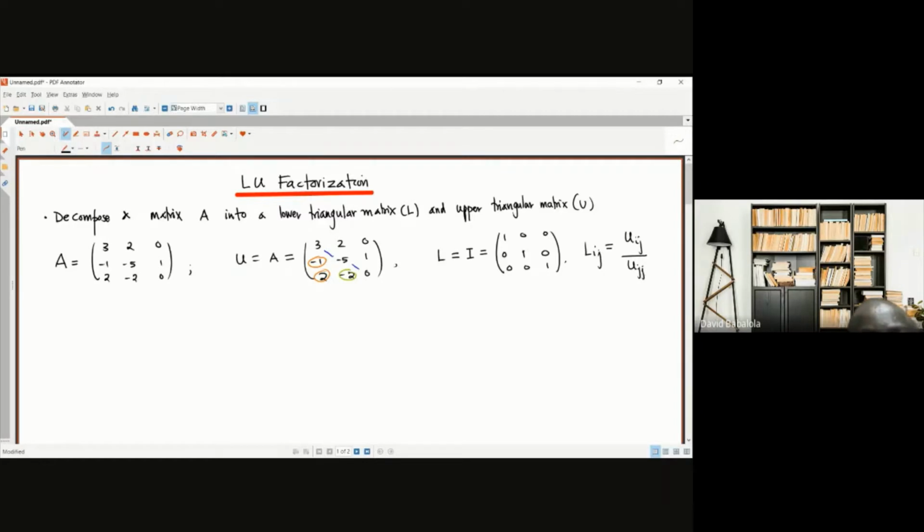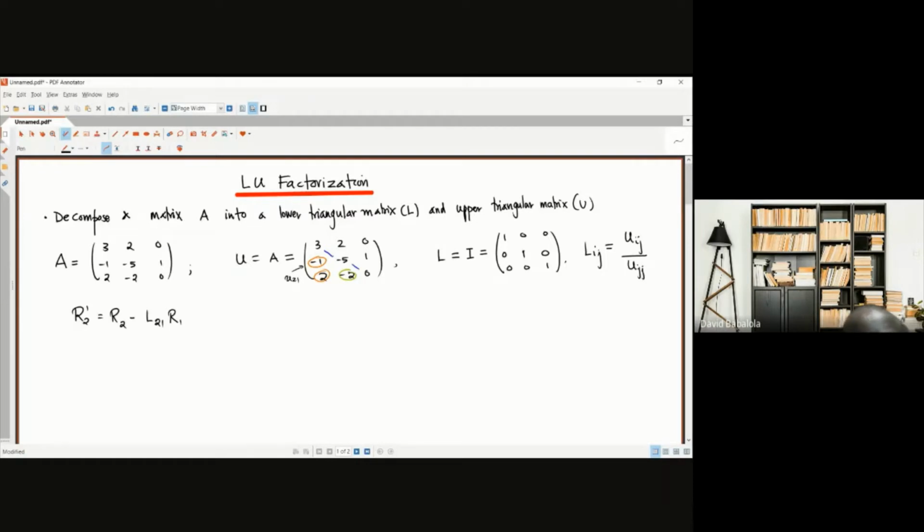And the first entry here is U21. So we need to turn that to 0. So we'll find an expression for row 2. That will be new row 2 equals old row 2 minus a certain multiplier, L21, times row 1. So we are going to use row 1 to reduce row 2.